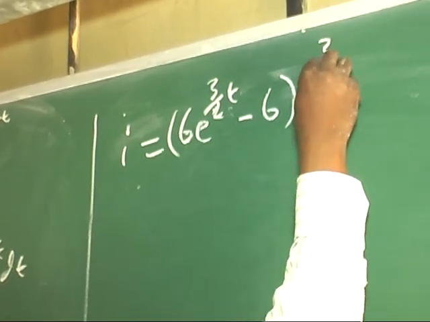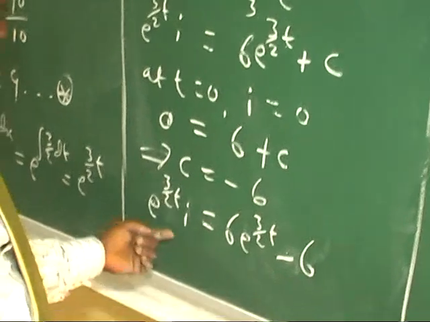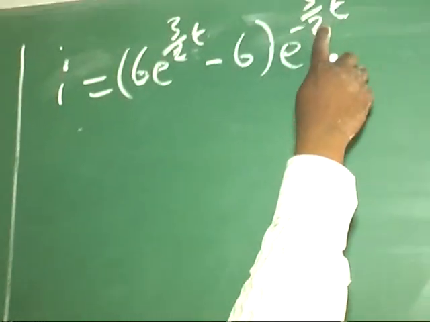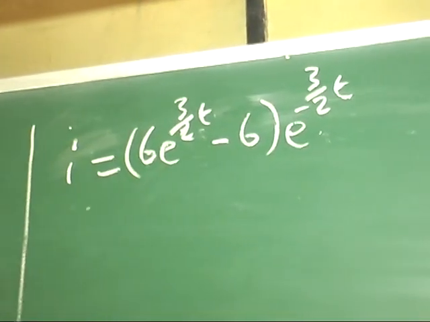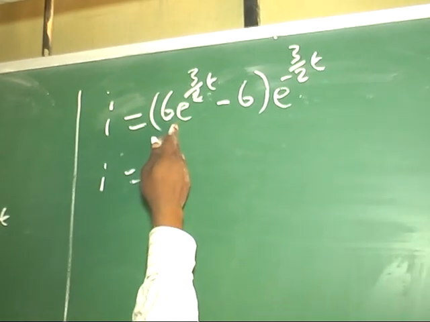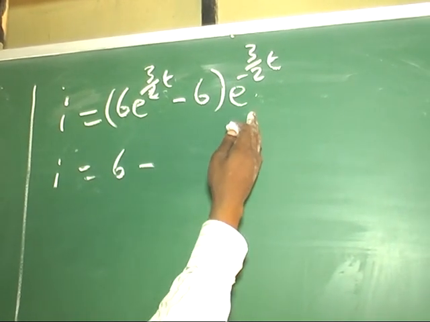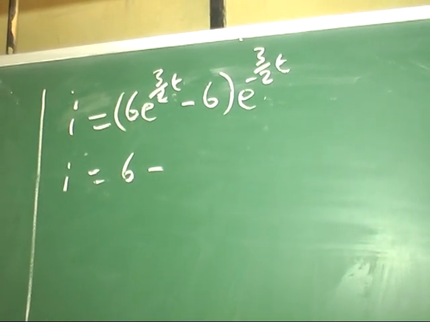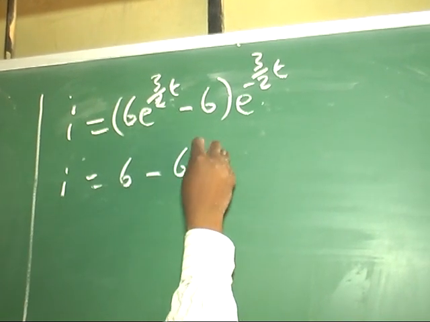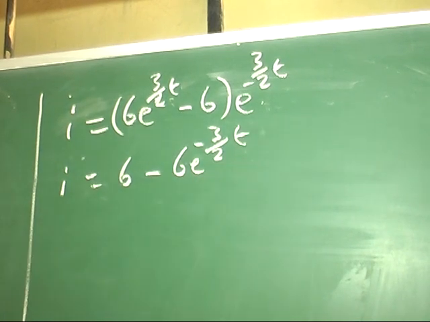You know what? I just divide both sides by this. So what I do here is to take exponential 3 over 2 up, so it becomes minus. If I use this to times here, definitely I will have 6. Then if I use this to times here, I will have minus 6 exponential minus 3 over 2 t. Yes, that's what I have.